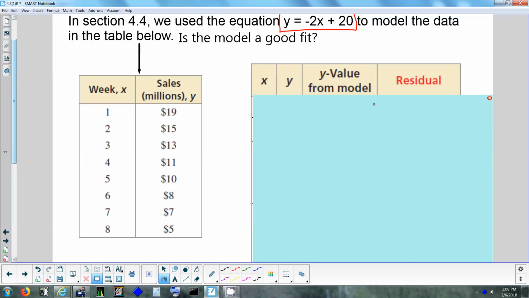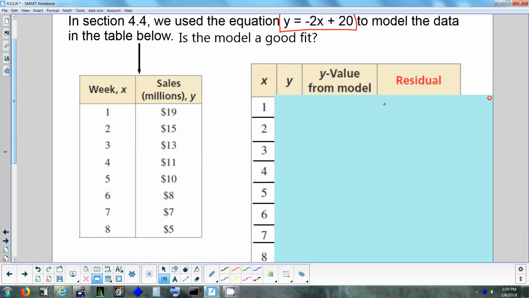All right, so now what we're going to see is how good is our line of fit? How we came up with that yesterday. How good is it really? In the X column, you already have these filled in going across, 1 through 8. Now, what's the next column we're supposed to fill in after the X's?